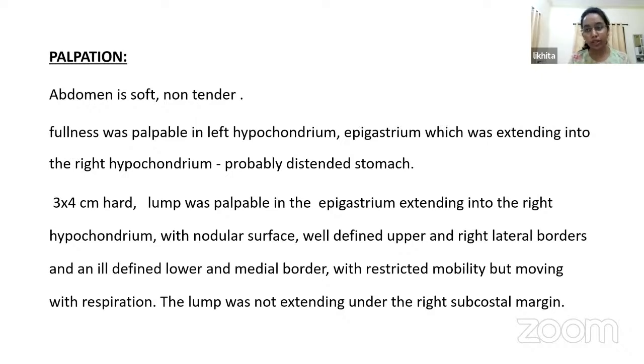In case the patient is on Ryle's tube for decompression of the stomach, we can do a saline load test, sir, in which we give around 500 to 750 ml of normal saline through the RT and then clamp it.